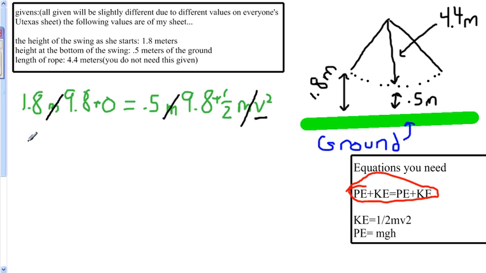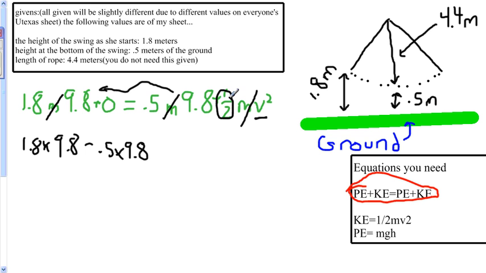So on this side, you will end up with 1.8 times 9.8 minus 0.5 times 9.8, which moves this over here. And next we need to get rid of this 1/2.